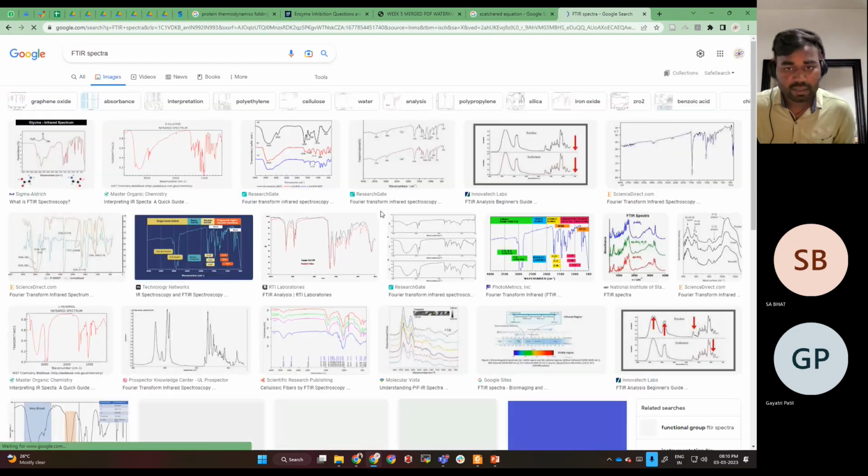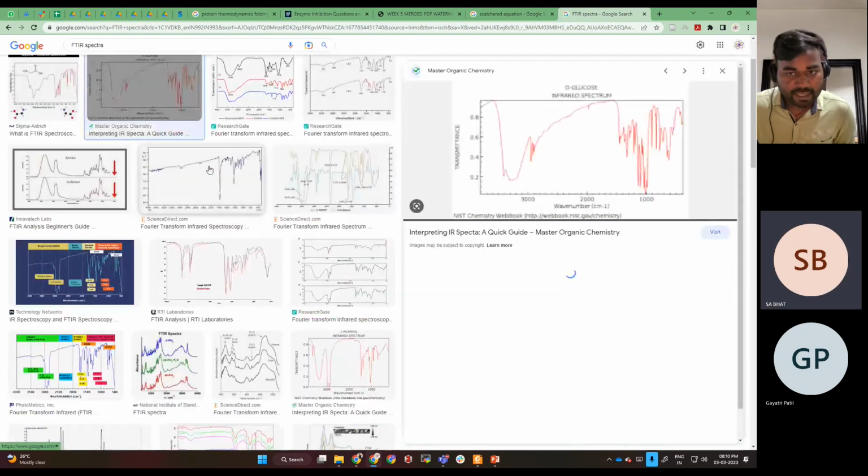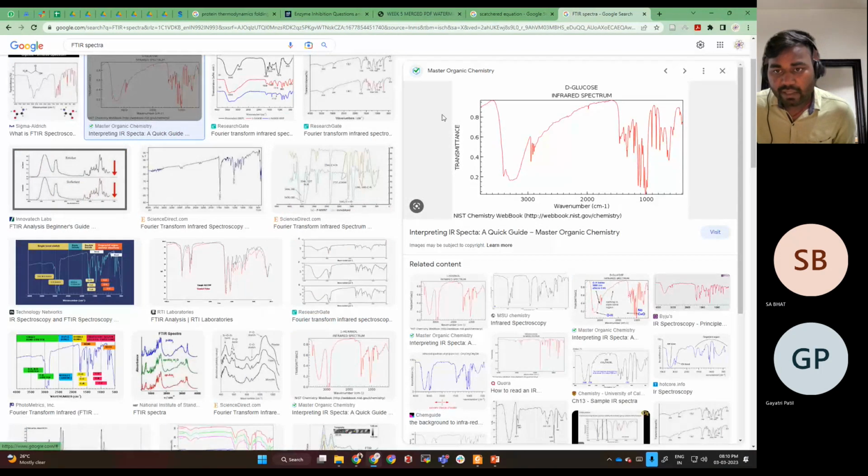See, this is the FTIR spectra. Here the transmittance is noted on the y-axis, and wave number, which is the inverse of wavelength, is noted on the x-axis.